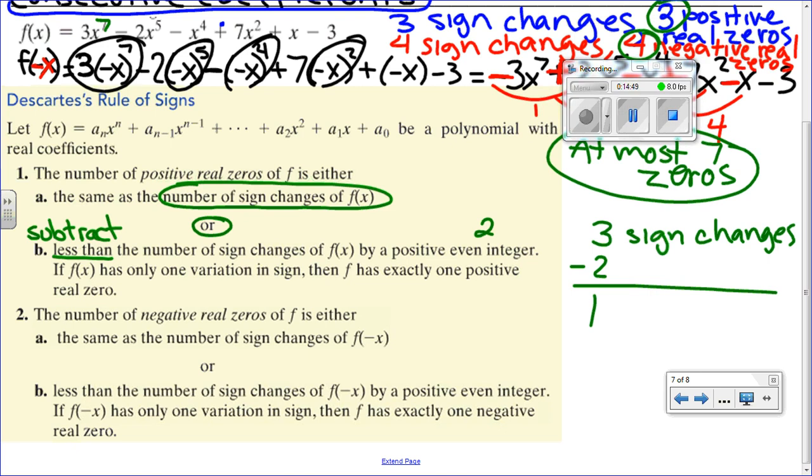So then what that tells me is that if I have 3 sign changes, I could have 3 positive zeros or 1 positive zero.